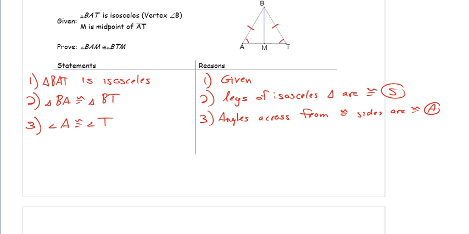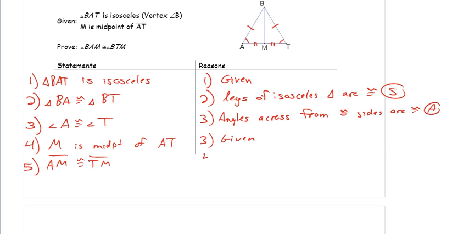If we keep going though, we can use our next given. M is the midpoint of AT. So that's going to tell us something here in a second. Again, that's a given. It doesn't actually tell us something now. It doesn't give us an A or an S. But in our next step, we're going to be able to say that AM is congruent to TM, and this one, oops, that should have been a 4.